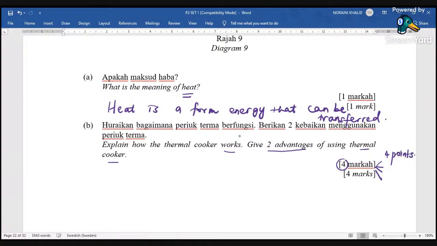So this is a knowledge question, so you must try to relate to a concept, law, principle, or rules. How to explain? You can write in point form, but make sure the sentence is complete. Don't write one point here and there. You must write the sentences completely.